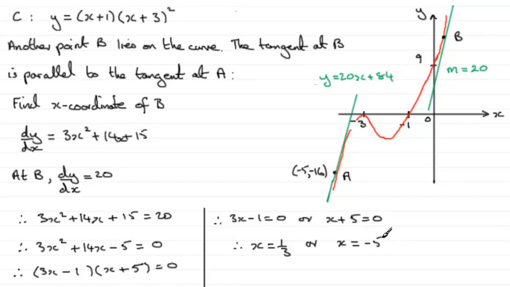But you can see that x equals minus 5 corresponds to the point A. So x equals a third must correspond to the x coordinate at B. So that's our solution. Just to finish off the question rather than leaving it loose like that, the x coordinate at B is 1/3. Alright?